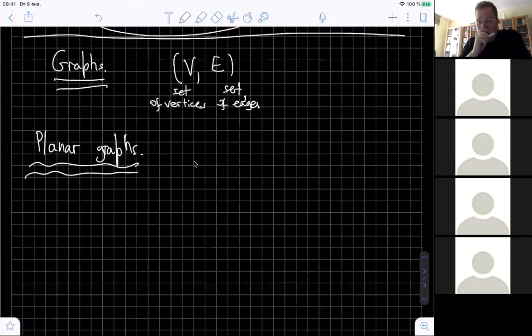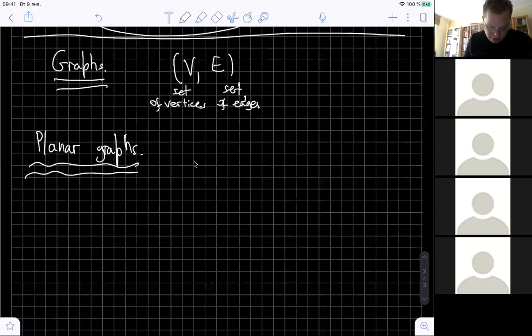So what is it? When you think of a graph, you don't think of it as just a set of vertices and a set of edges. You think about some picture of it, and we can try to illustrate our graph as a picture on the plane.